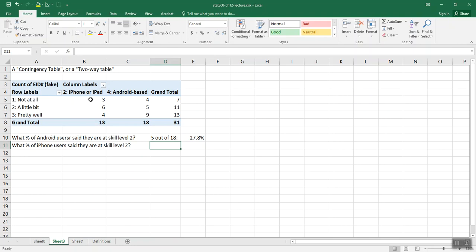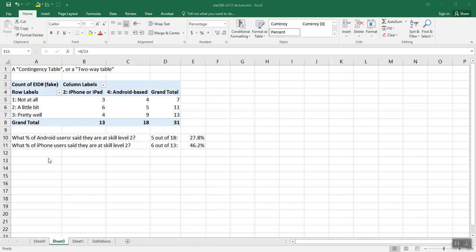And for iPhone users, I would look at this column, and 6 out of 13 are at that level. Sorry about that. And what would it tell us if those numbers were the same? These numbers are clearly not the same, so what does that tell us?